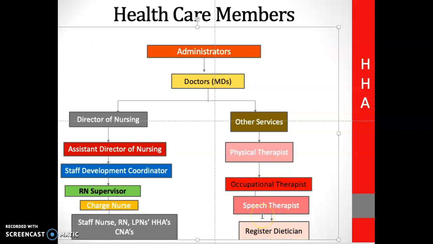We have the speech therapist, or the SLP, speech language pathologist, that helps patients with speech and swallowing problems. The SLP will diagnose certain speech impairments and swallowing problems, and they will also come up with certain techniques or a plan of care that can help patients to enhance their ability to communicate clearly.